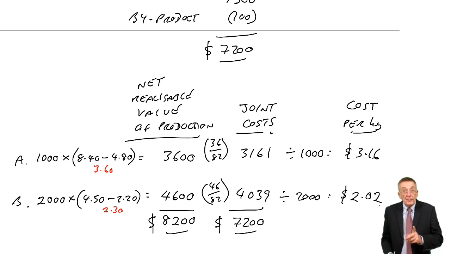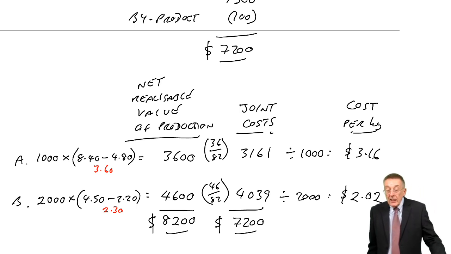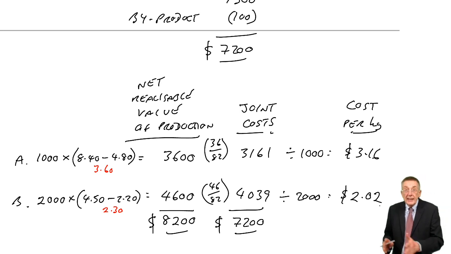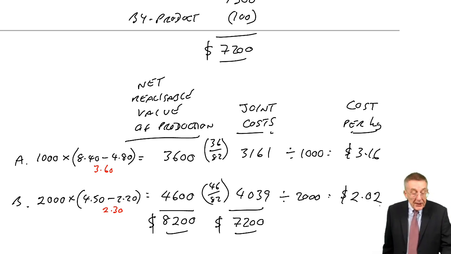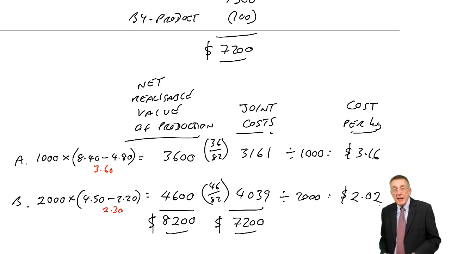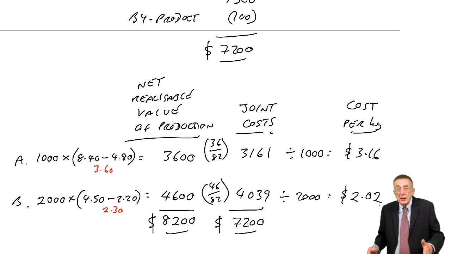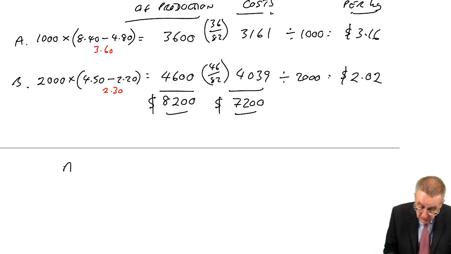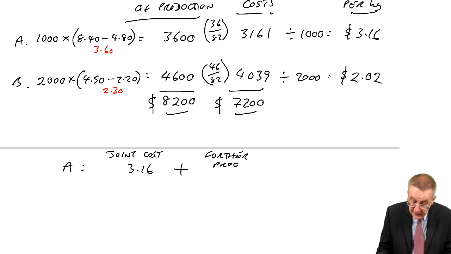Finally though, and be careful because there's one last step, that's the cost we're giving per kilo when it leaves the process. But remember, the final cost will be higher because each of them need further work done separately, putting in the bottle or whatever it was. So the final cost for A, it's the joint cost of 3.16 plus the further processing, which for A is 4.80.